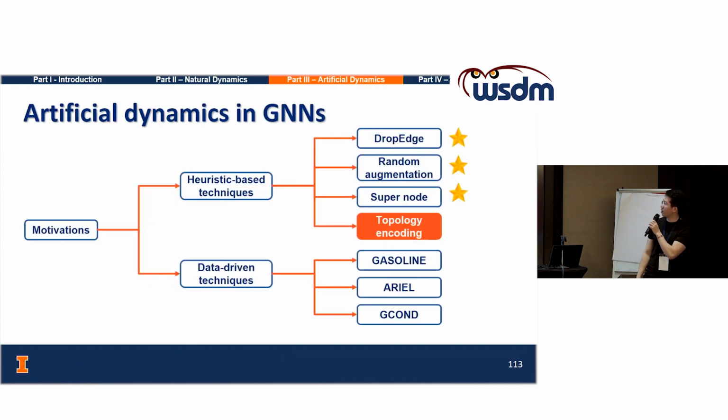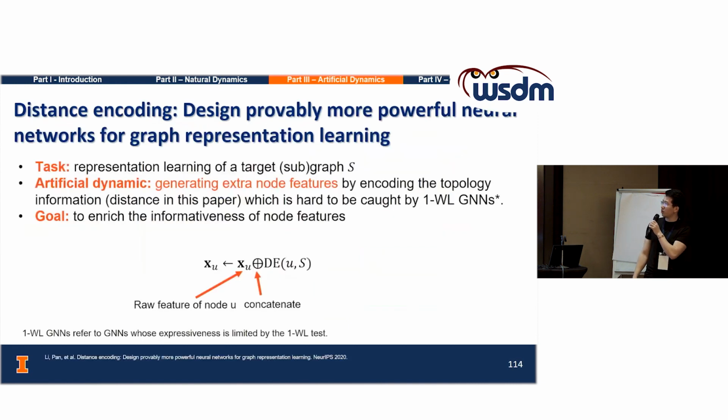Okay, the fourth technique I want to introduce is topology encoding. This technique does not change the topology of the given graph. Instead, it tries to enhance the node features by encoding some information from the topology.